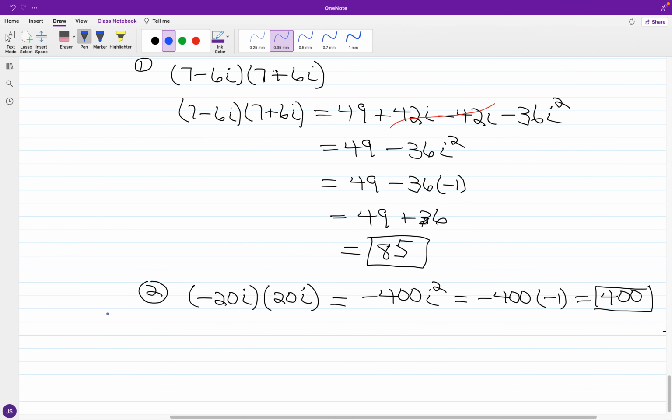Now where they can come in, where the operation of division is concerned, we have complex number fractions.